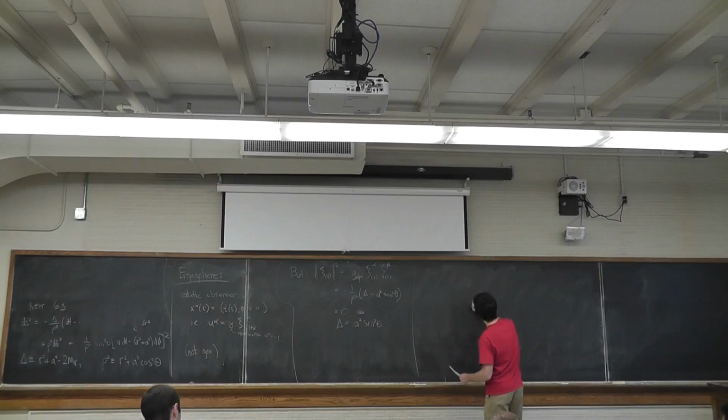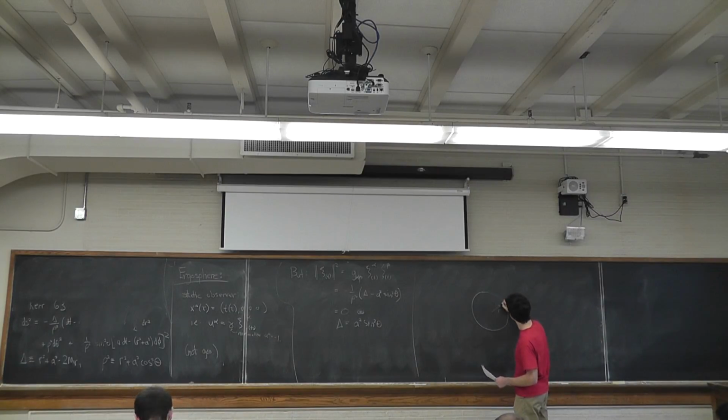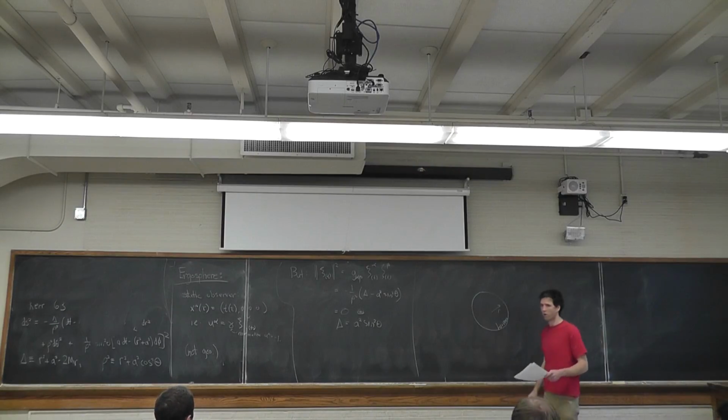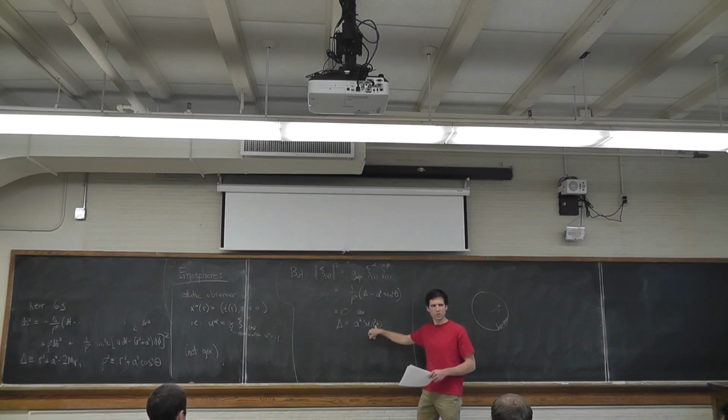Which means that if we draw the black hole in Boyer-Lindquist coordinates, so this is the r direction, and we put the horizon at r equals r plus, then you can just solve this equation. By the way, you can see that it's outside the horizon because let's look at the equator.